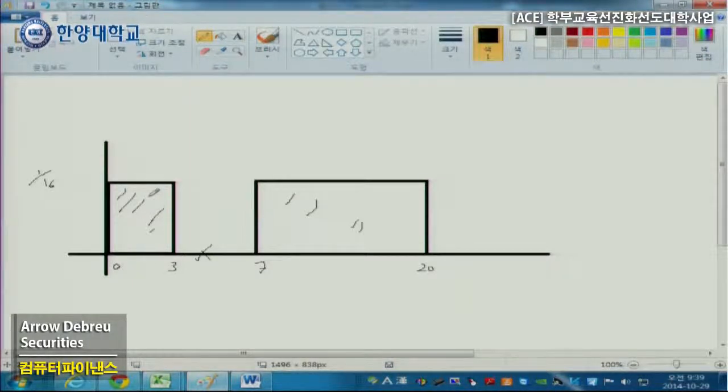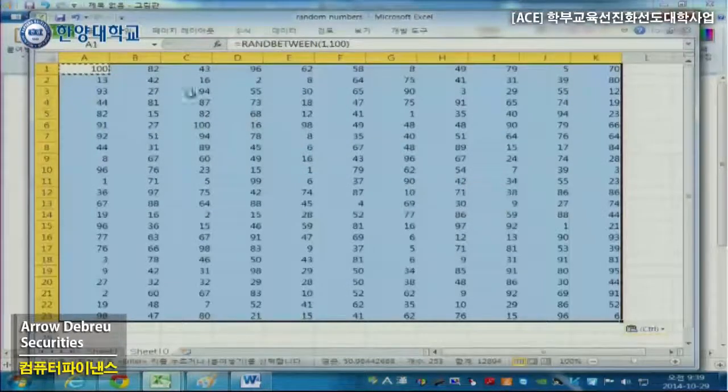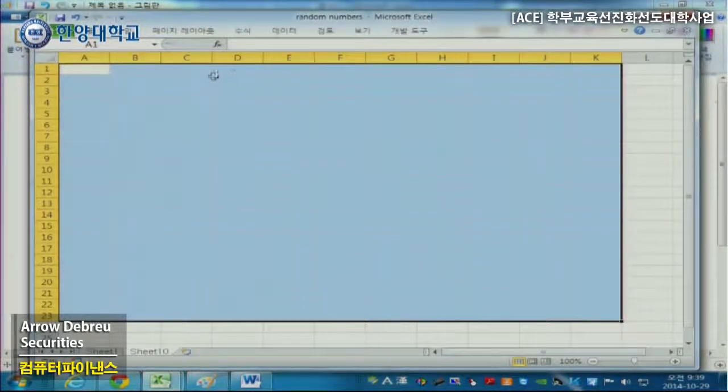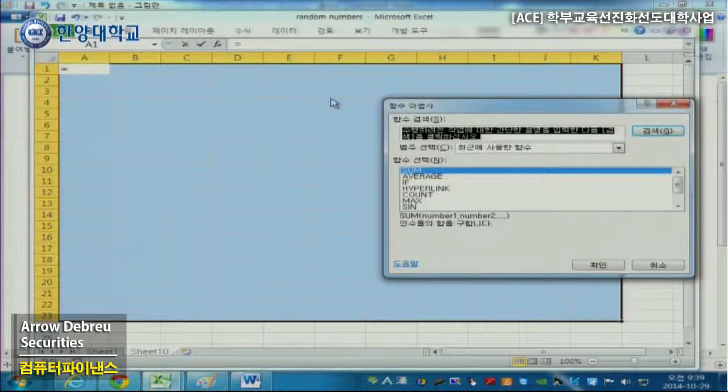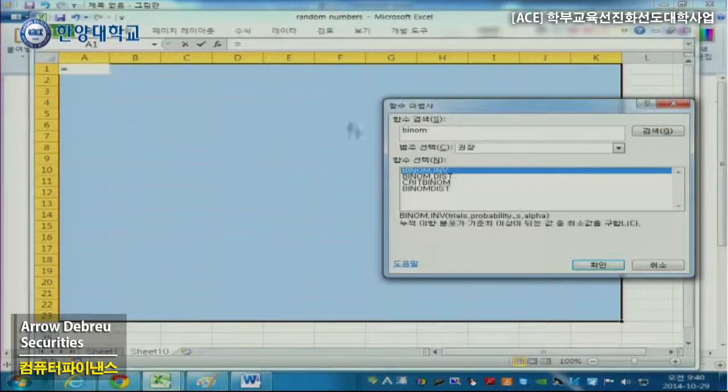Yes, it's a Bernoulli distribution. In Excel, I think there is a Bernoulli distribution. Let me check. Bernoulli, binomial.